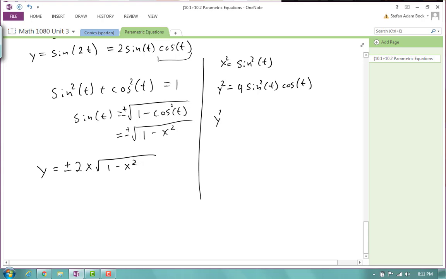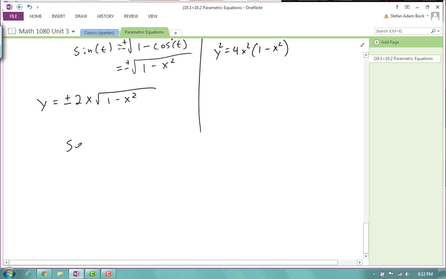So this is y squared equals 4x squared times 1 minus x squared. This is actually a fun one to graph if you look this one up in the book. I believe it's one of the examples. This is a self-intersecting curve.